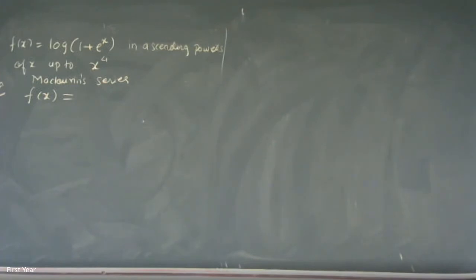Yes, Suhani? It is f of 0 plus x f dash of 0 plus x square by 2 factorial f double dash of 0 and so on. Very good.